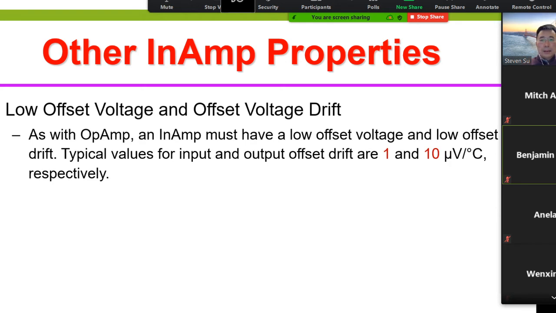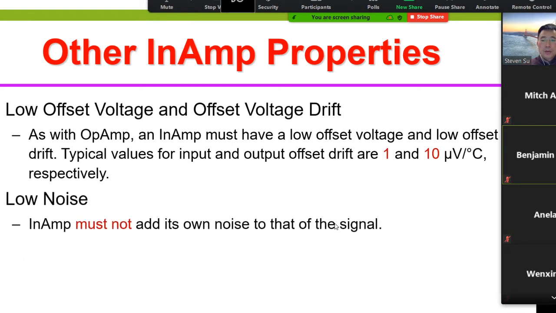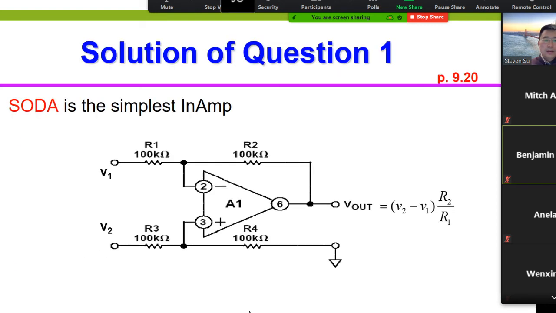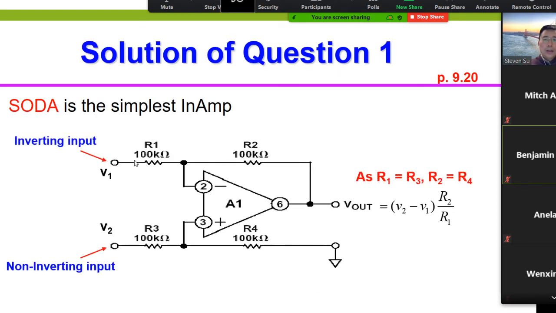Some other properties are also wonderful: they have very small offset drift, very low noise, and very low nonlinearity. These are all advantages of using an instrumentation amplifier. This is a one op-amp instrumentation amplifier.